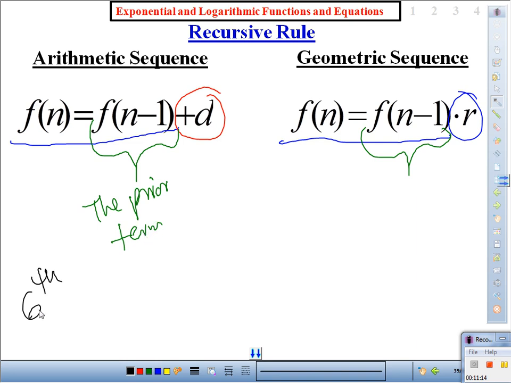The fifth, because this says prior, so I would need the fifth term. If I was to ask you for the 23rd term, if we're using these, what term do I need in order to find the 23rd term? We need the 22nd term. We need the term prior. That's what f of n minus 1 means. But of course you guys saw the video. What am I talking about?